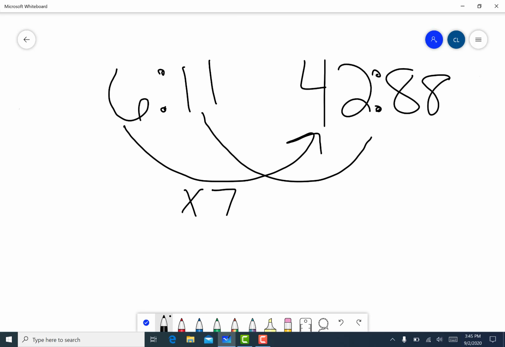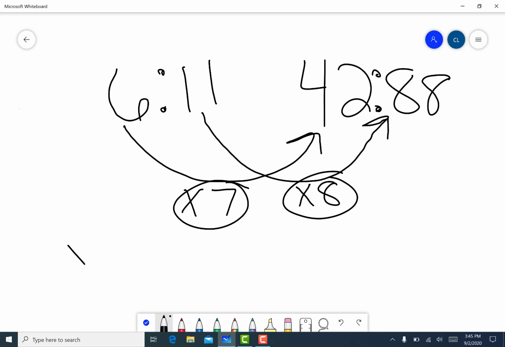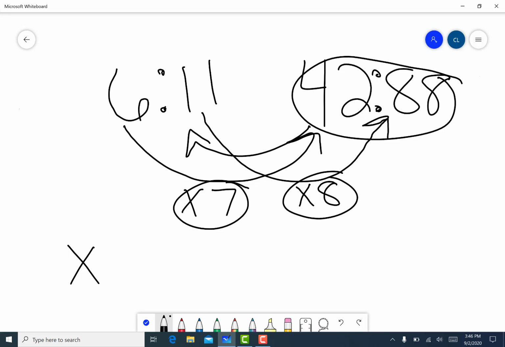Do you multiply 11 by 7 to get to 88? No. That's multiplied by 8. So you're multiplying by two different numbers, which means no, those two ratios are not equivalent. So now take a second and think about what number can we change this to make it equivalent to our first ratio.